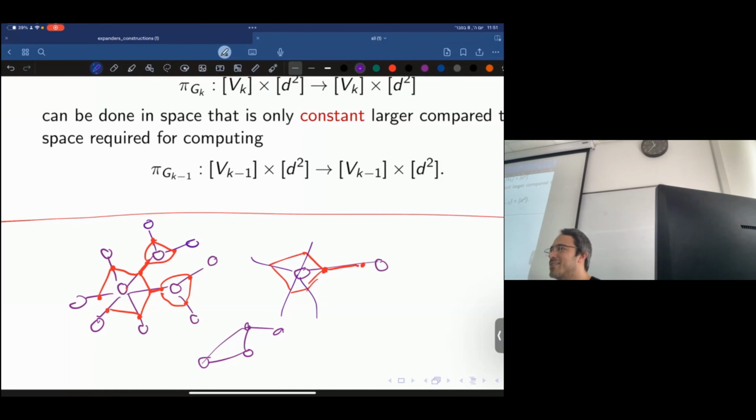So if you have a leaf, for example this leaf, you can, if you want regularity, do a self-loop or something. But they get most of it.